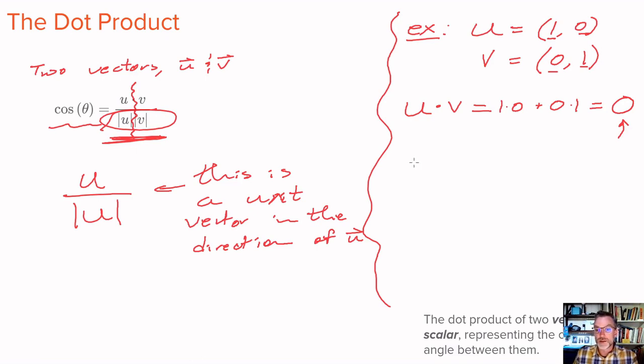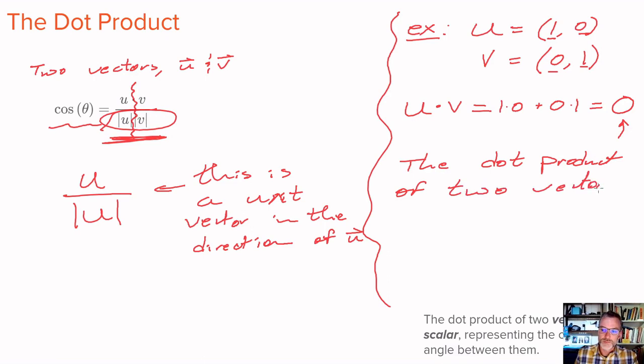So we make a little observation here. The dot product of two vectors at right angles is 0.